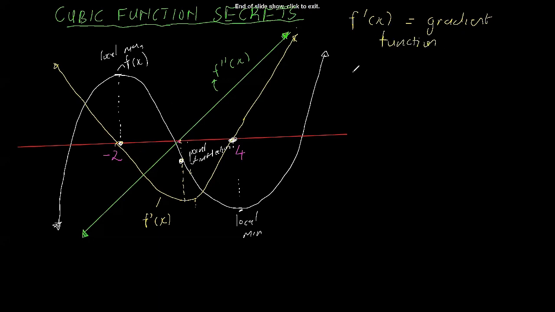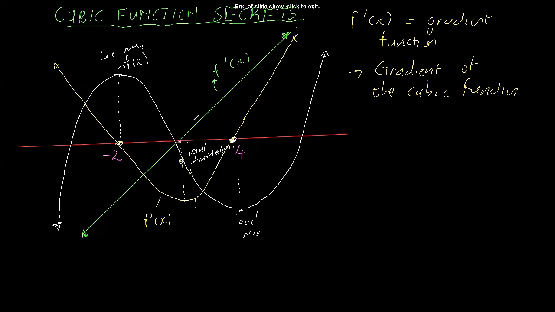That means it is reporting about the gradient of the cubic function. So it's telling us what the gradient of the cubic function is at certain points.